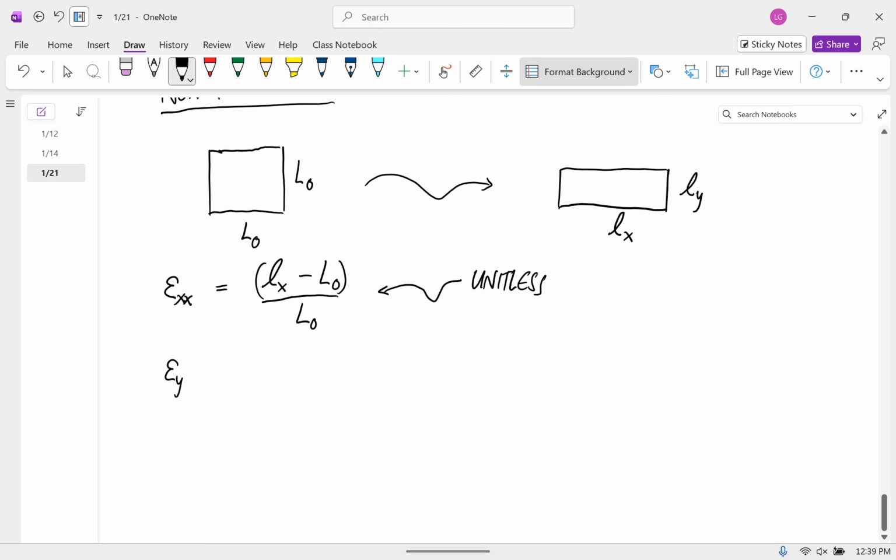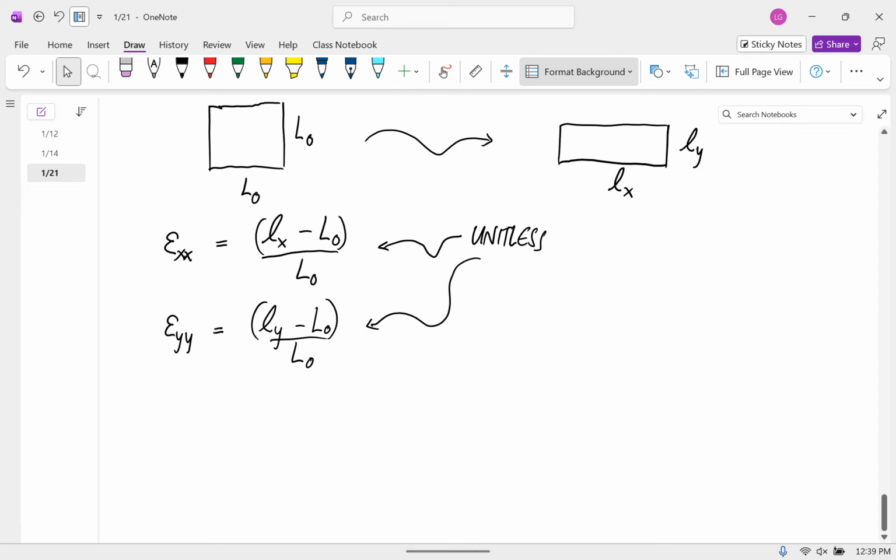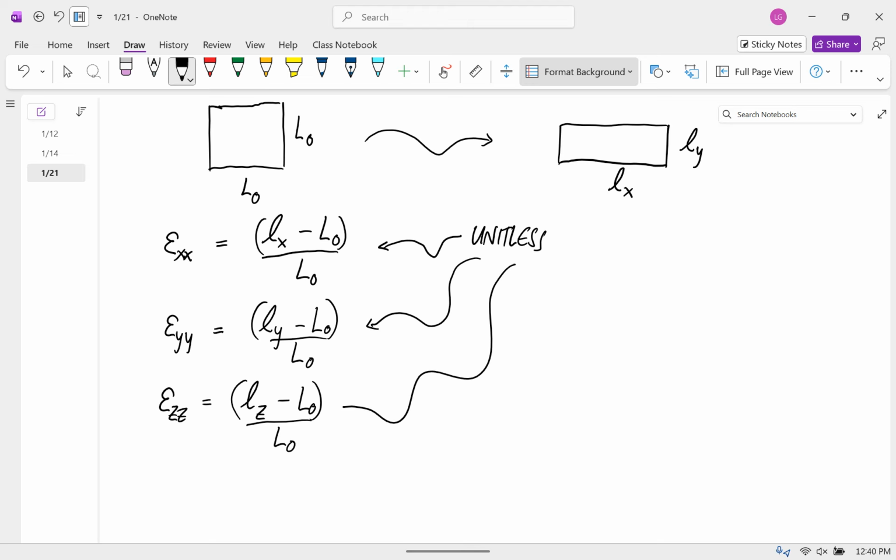It's just a number. Now eyy, you can think of that as the Y normal strain, is defined as Ly minus L0 over L0. This is also unitless. And the one I didn't draw because it's out of the page and into the page is the Z normal strain, and that would be your deformed Z length minus L sub 0 divided by L sub 0, and that's also unitless.